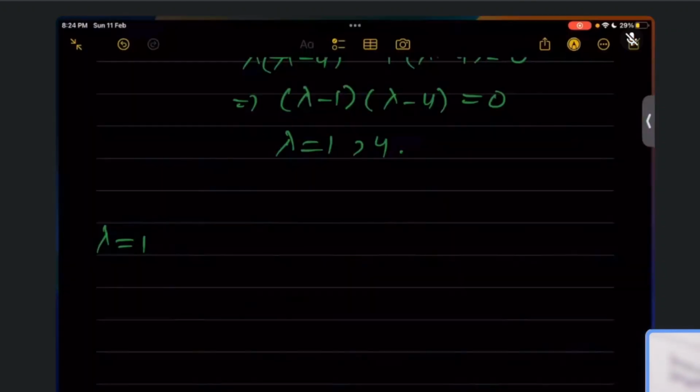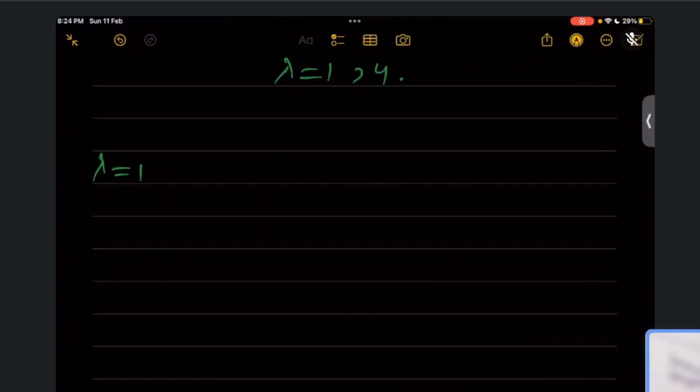See, now for lambda equal to 1, how we find the eigenvector, I will tell you again, so look clearly. We have the characteristic matrix: 6 minus lambda, -5, 2, -1 minus lambda. You have to do nothing but put the value of lambda in that matrix to find the eigenvectors.